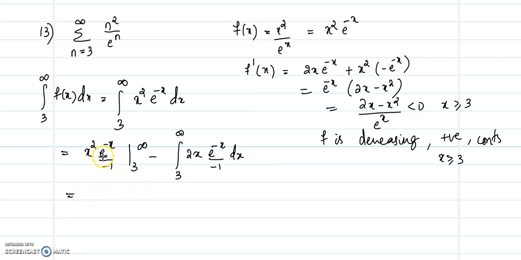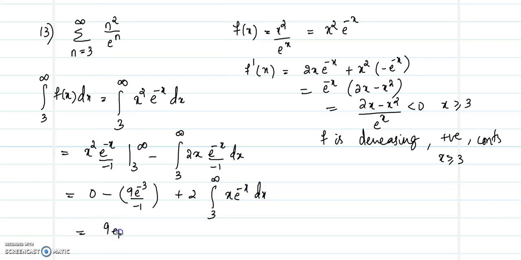So here at infinity we have e raised to minus infinity, so the value will be 0, minus at 3 we will get 9 e power minus 3 by minus 1, then 2 will come out, so we'll get plus 2 integral 3 to infinity x e raised to minus x dx.